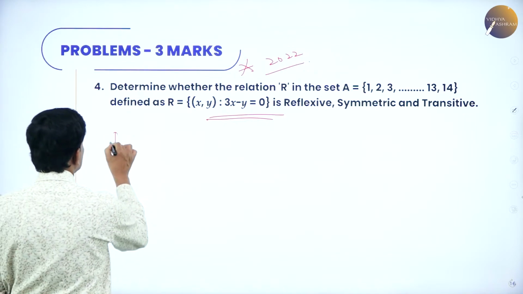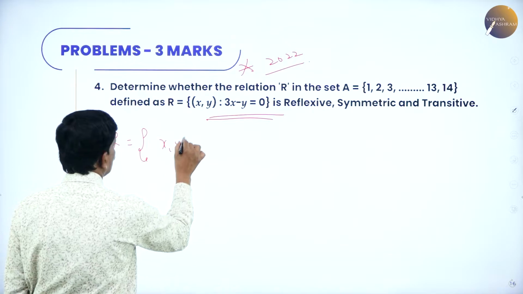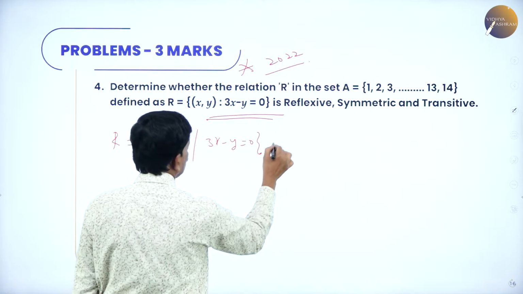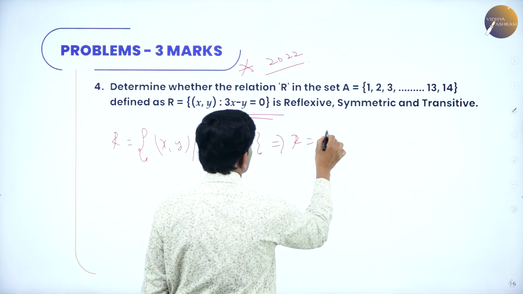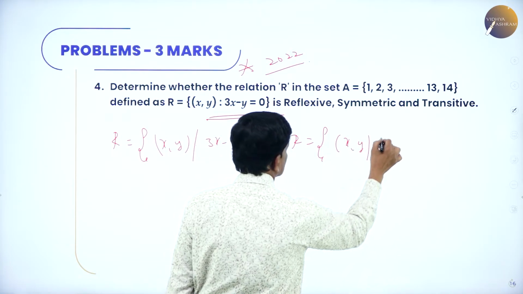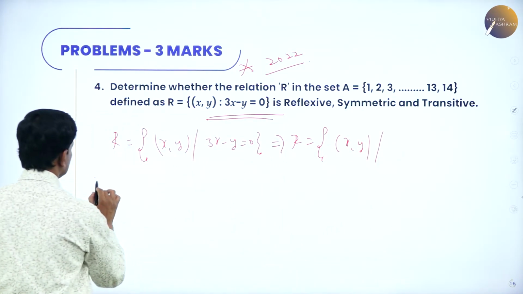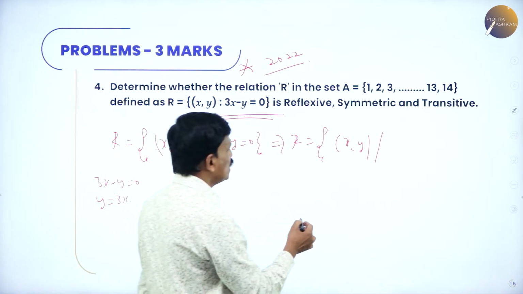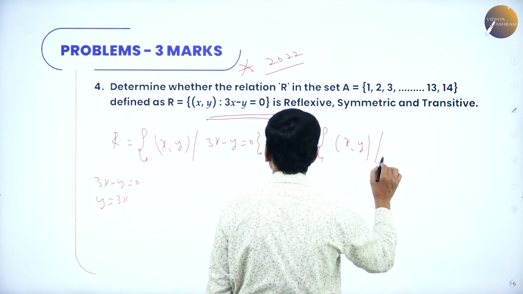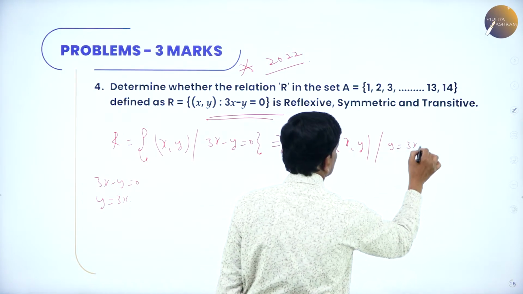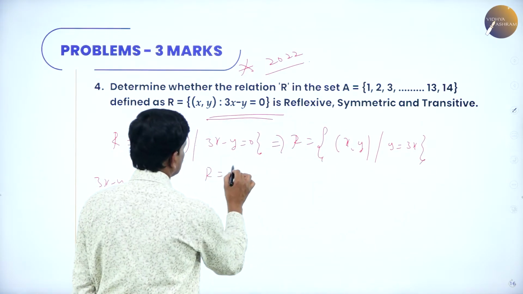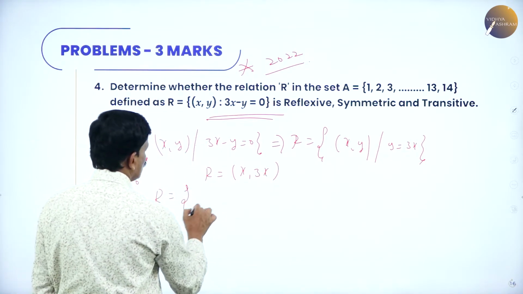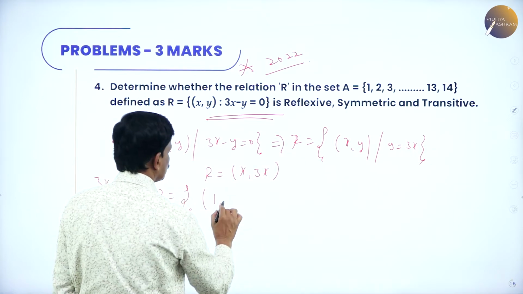So very simple. 3x minus y equal to 0 means y is equal to 3x. So we can write the relation R as (x, 3x). So write down R equal to: the first element is 1, multiplied by 3, (1, 3).